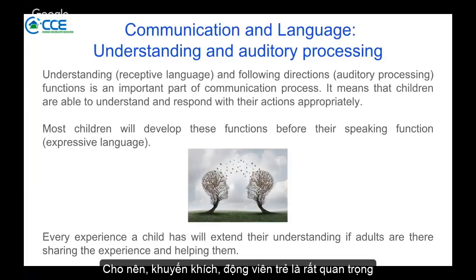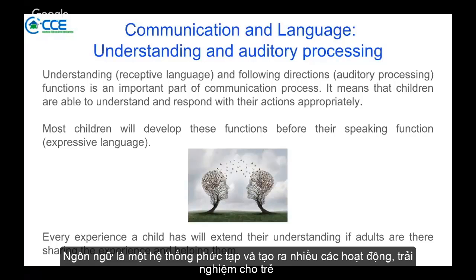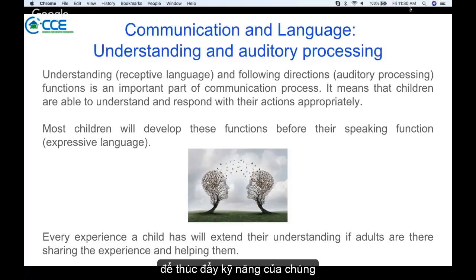So again, this is to emphasize that the importance of stimulation is always here, and language is a complex system. Provide and create a variety of different activities and experiences for children to promote the skills.